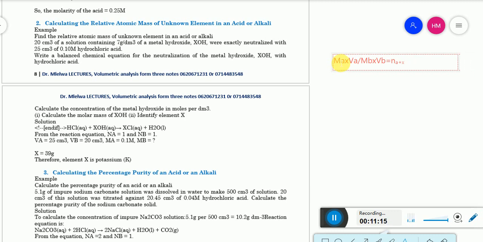Okay, sorry for that, what I meant here was MA times VA over MB times VB equals Na over Nb. So this is our formula, and then from there we calculate the molarity of base.